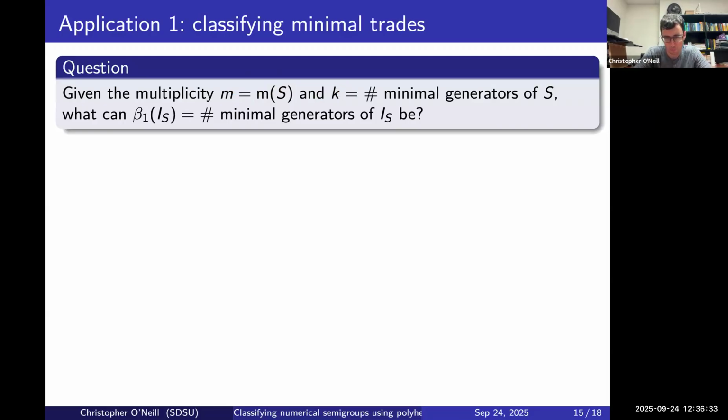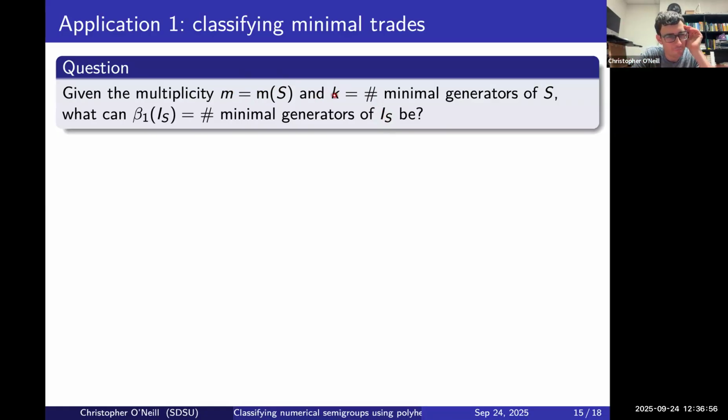If k is 2, the toric ideal is principal. Fine. If k is 3, this ideal has either 2 or 3 minimal generators. Those are the only possibilities. That turns out to exactly distinguish the complete intersection and non-complete intersection cases, and is well understood in some sense what each of those have to look like.